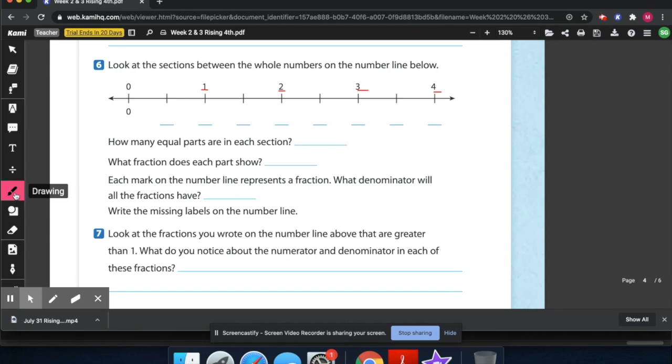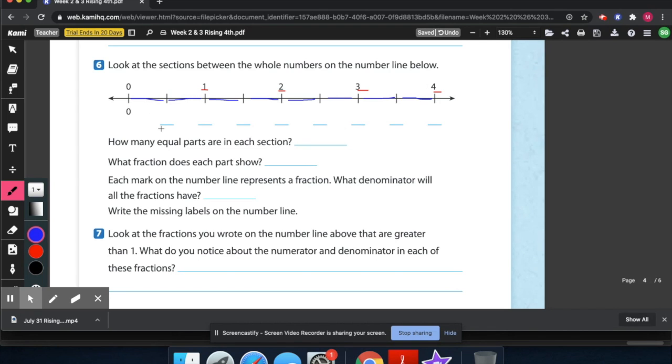So I'm going to use a different color, so we'll use blue. So from 0 to 1, they have 1 equal part and 2 equal parts. Okay, so it's split in half, so there's 2. And I like to double check 1, 2, 1, 2 in between all the other whole numbers. So there are 2 equal parts in between each whole number.